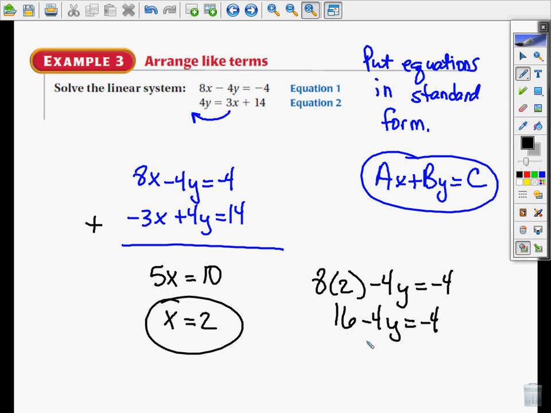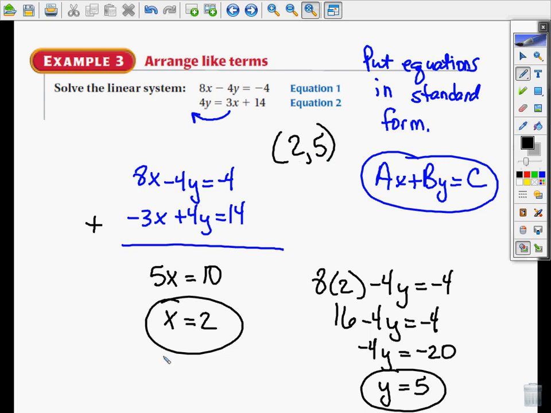I will subtract 16, making sure I bring down the negative with the 4y, so be careful of that. When I subtract 16, I get negative 20, divide by negative 4, and y equals 5. So my ordered pair is (2, 5).